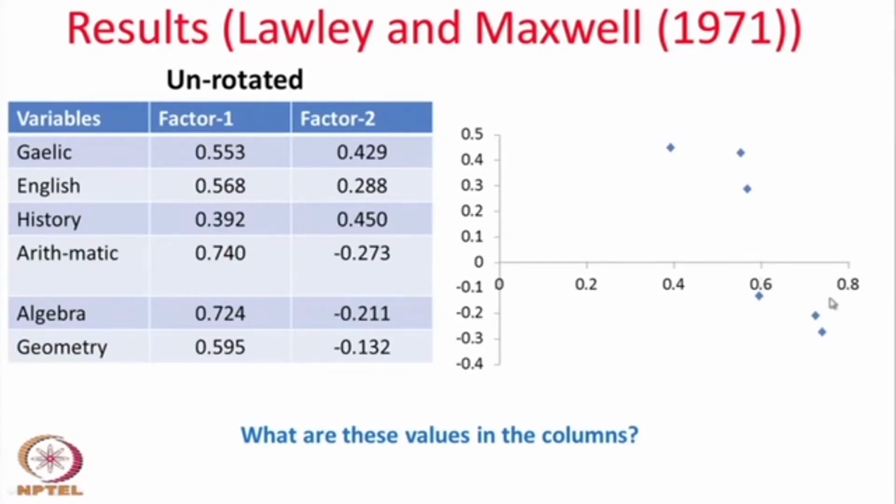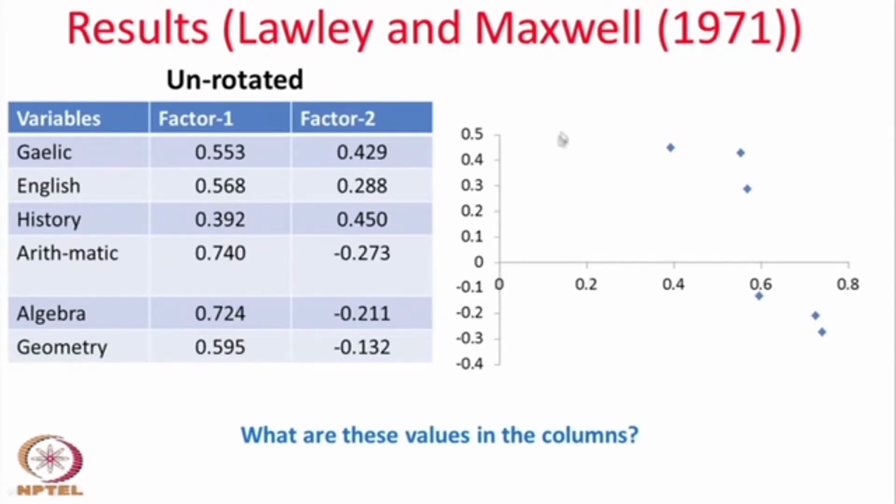If we consider these two axes, f1 and f2, then you find that arithmetic, algebra and geometry are highly loaded with factor 1 and lowly loaded with factor 2. But you cannot say the same for the literature-related subjects like Gaelic, English and history.